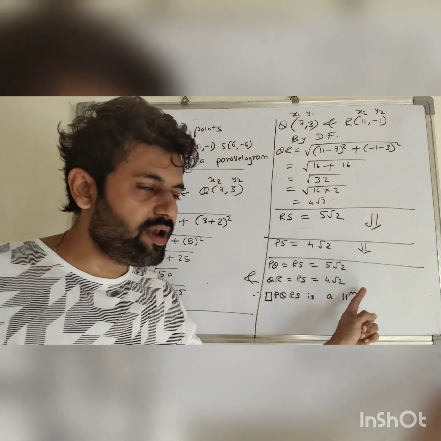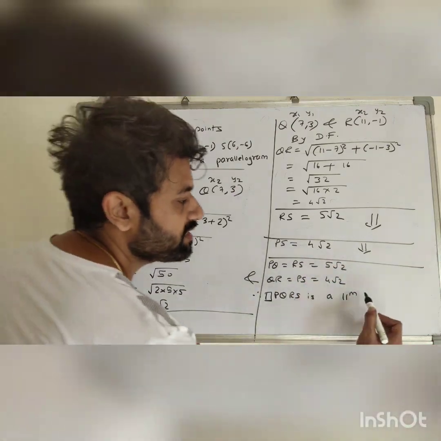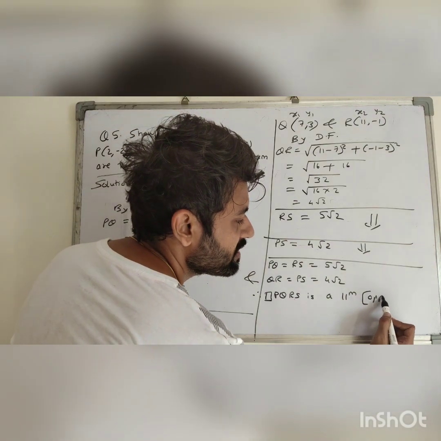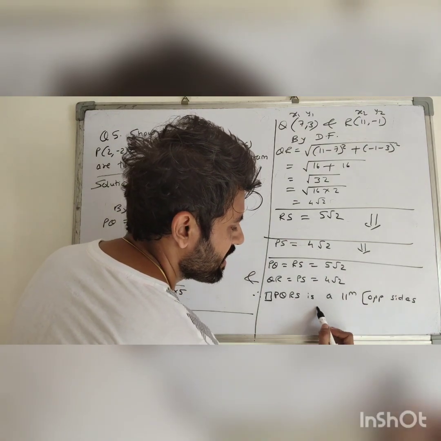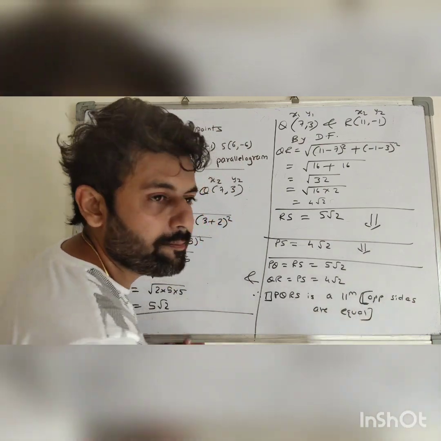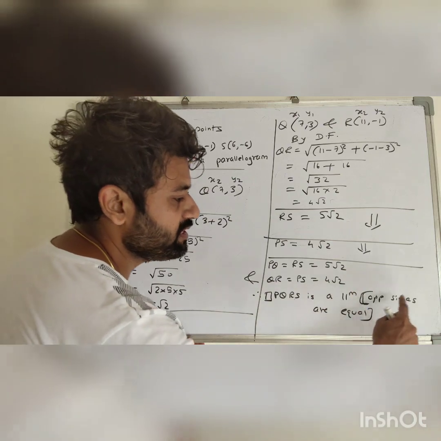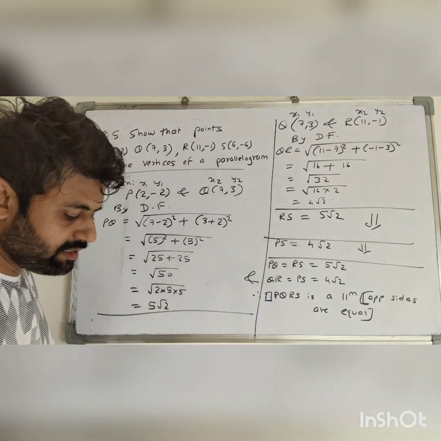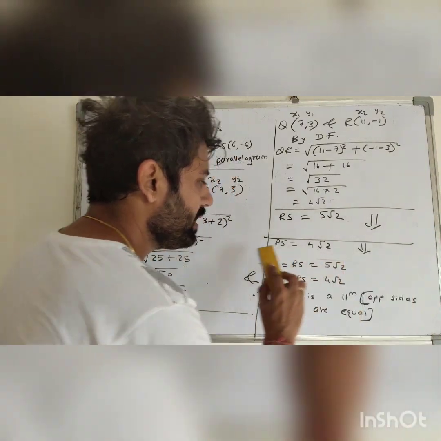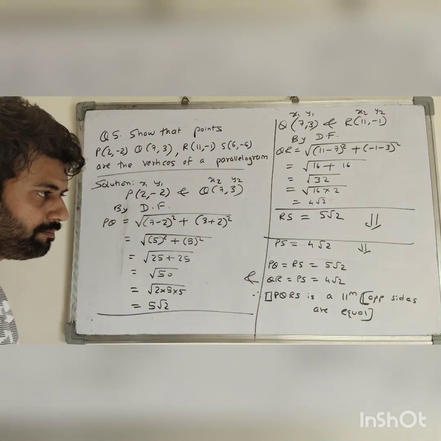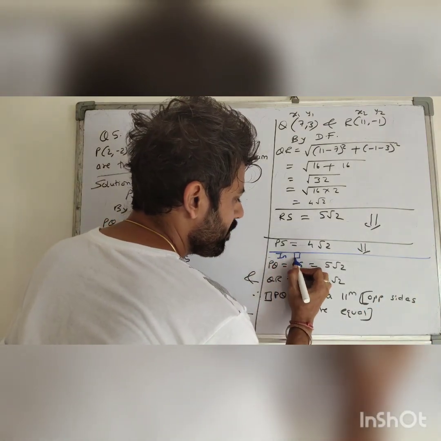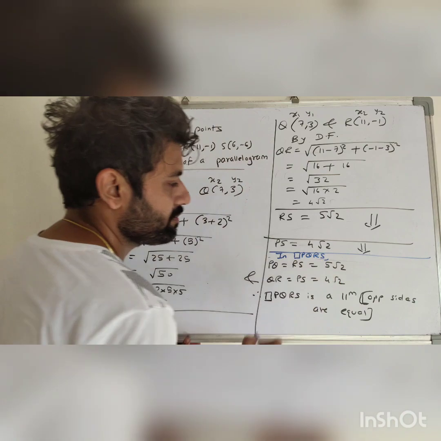You can say from 1 and 2, or better you should write this because opposite sides are equal. Put this in brackets and write because opposite sides are equal. Well, this thing is taking place in a parallelogram PQRS. So we should write a quadrilateral PQRS.